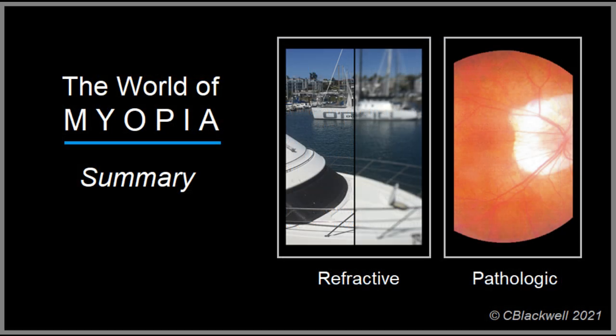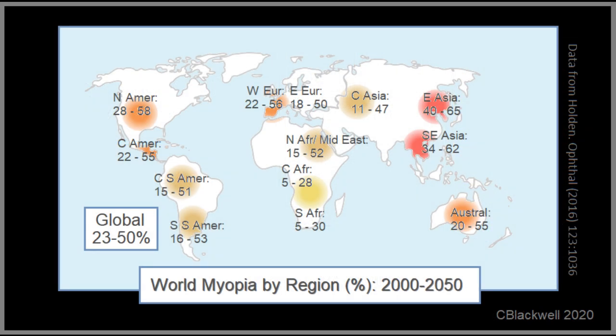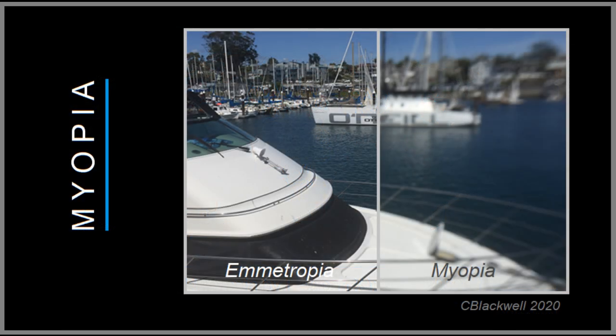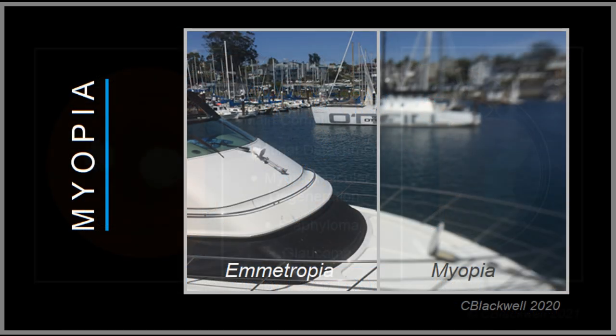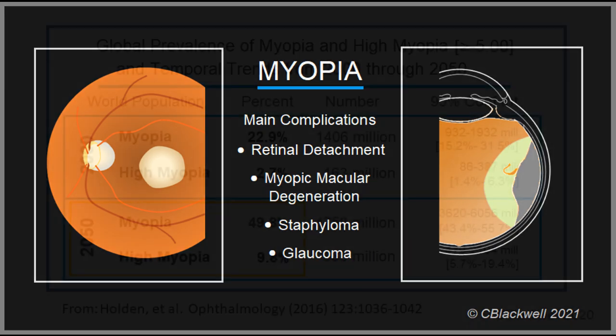As we come to the end of our myopia summary video, we want to make two closing points. We have seen myopia is increasing around the world, in some areas already at epidemic levels. Why care? Partly because the blurred vision needs to be addressed, but also because the pathologic changes pose a risk of vision loss. How much risk?